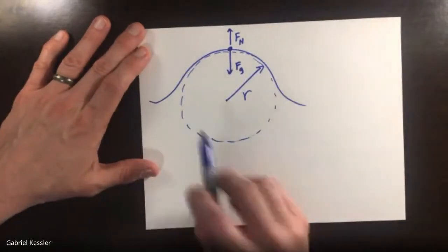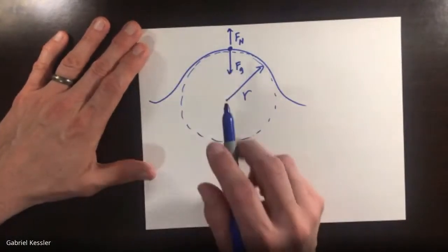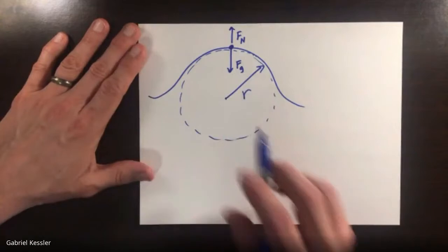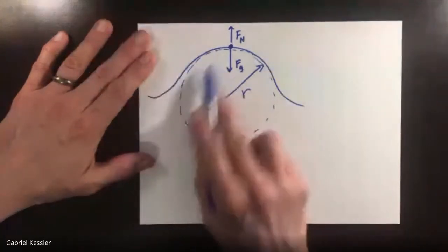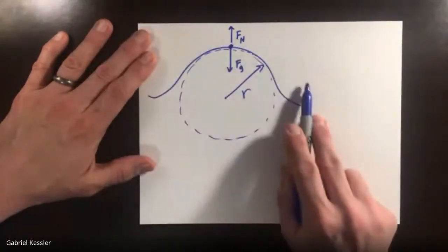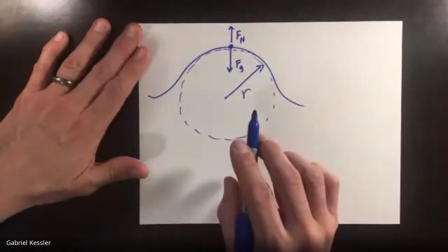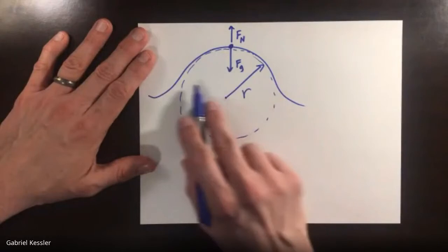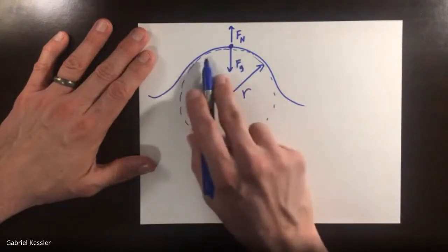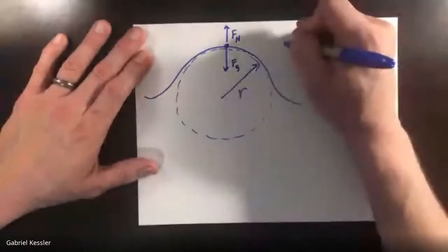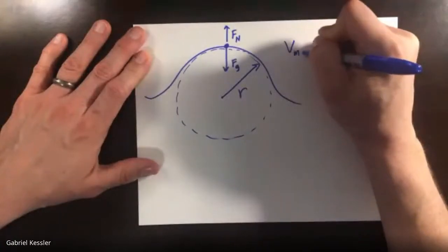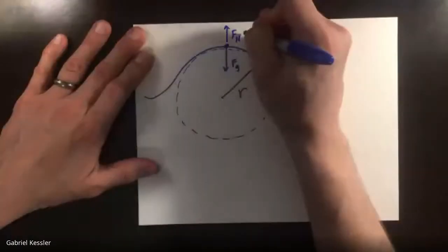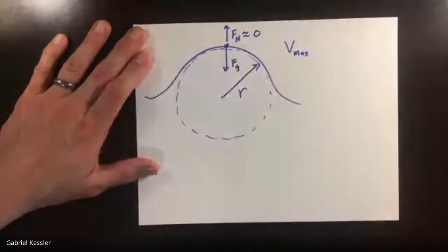Now, when you go really fast, if you've ever, hopefully you've never done this and you never will, but if you go fast enough, you'll come off of that hill and you'll actually become a projectile as opposed to going in circular motion. The slower you go, you stay on the road, but as you go faster and faster, you eventually come off. So there's a point at a maximum speed where the normal force is very small and almost zero.